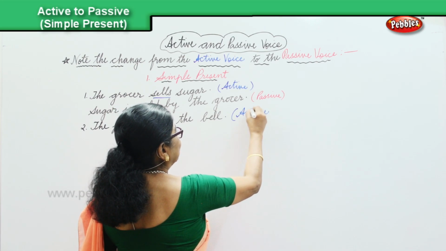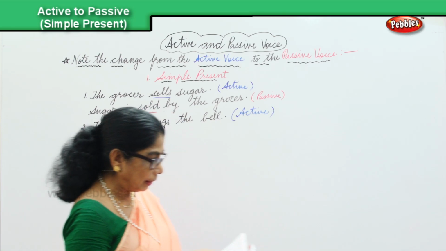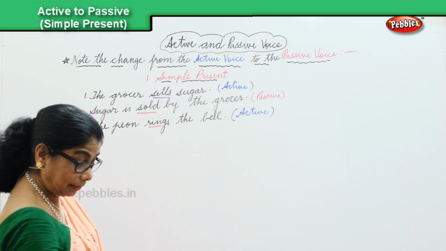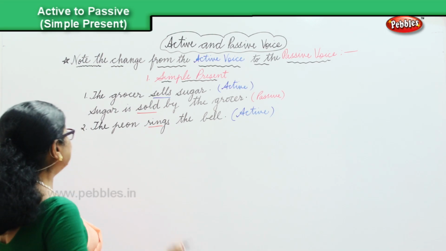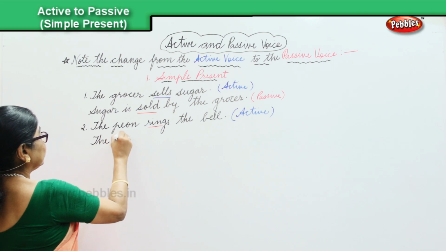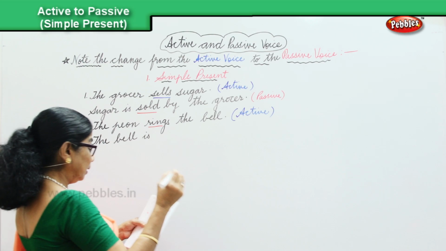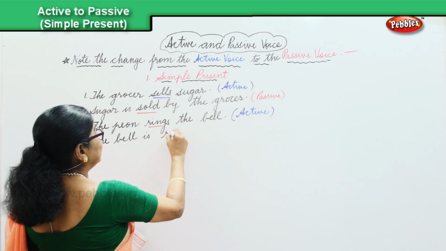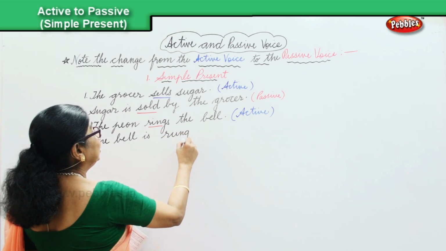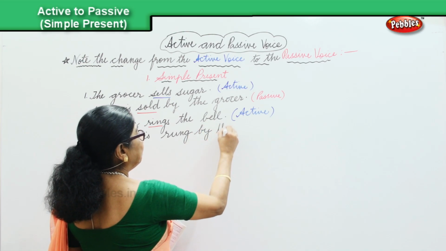Now, how will you put that sentence into the passive voice? Let's look at it. The bell is rung by the peon.